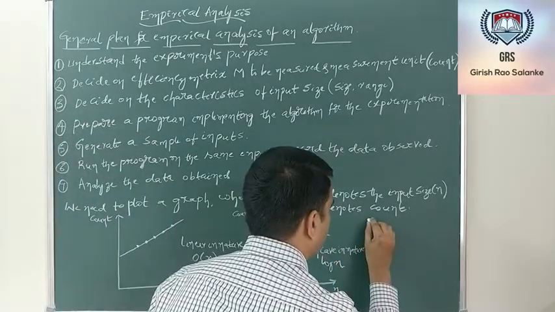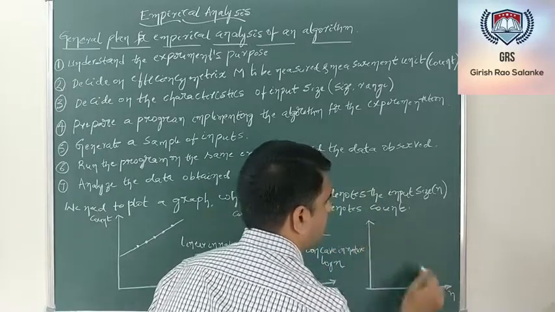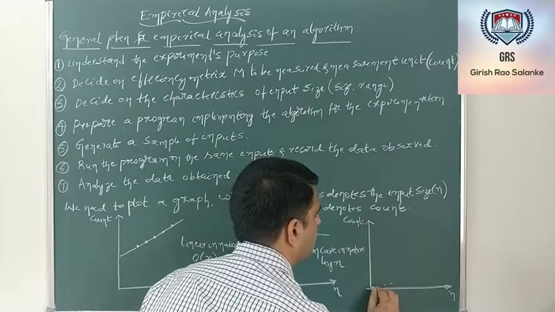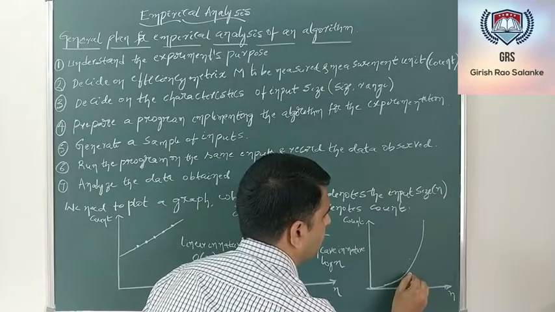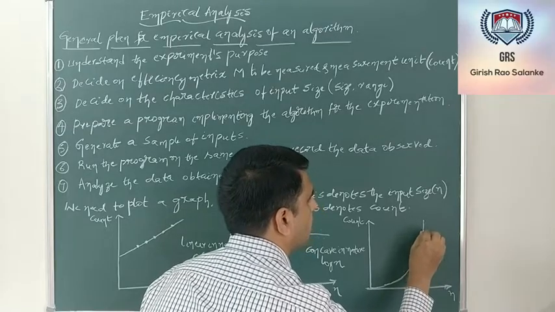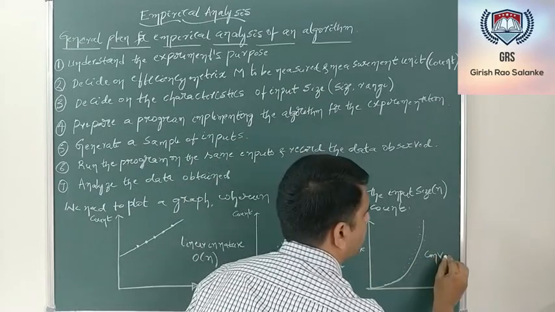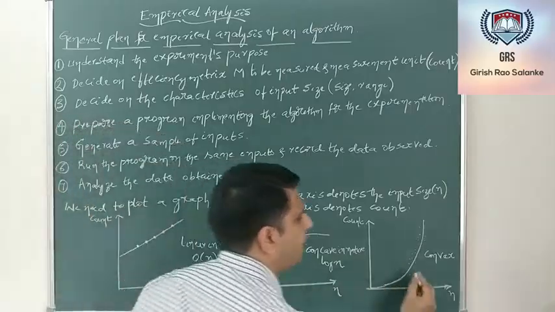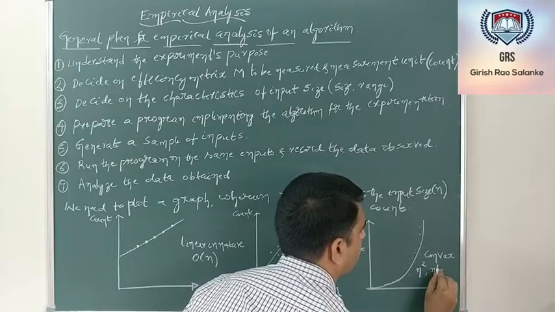Maybe one more. If you plot a graph with respect to n and count, and if your graph output is something like this, in the sense that the data points are scattered around this line, which is convex in nature, then the efficiency class of such an algorithm will be either quadratic or n log n.